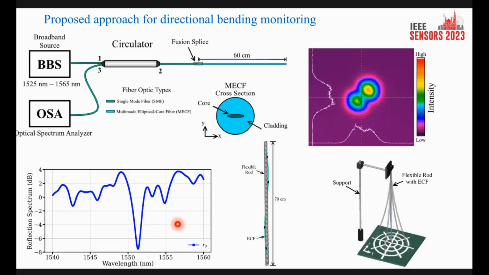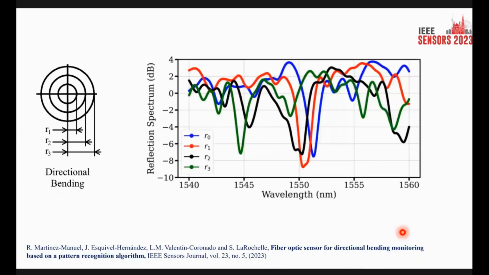We also suggest to use a flexible rod, and we put the fiber around this flexible rod, and then we have some fixing points along this rod. Then we place the flexible rod in this structure to be able to bend in different directions. So what happens is that if we do the bending in one direction in 3 different positions, we obtain a spectrum like this.